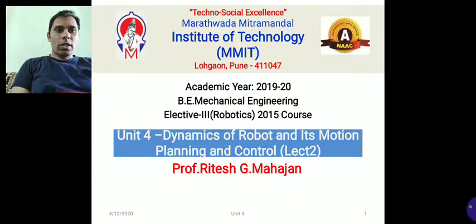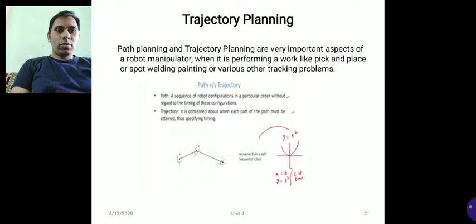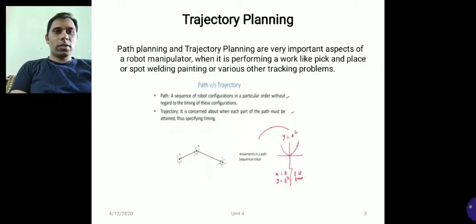Whenever your robot manipulator will perform any kind of task, it has to travel from one point to another point, and whenever it travels from one point to another point, it has to follow a certain path.